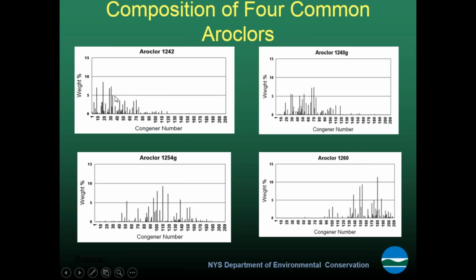So if you're trying to differentiate between Aroclor 1242 and 1248, a degraded Aroclor 1248 might look an awful lot like an Aroclor 1242. So differentiating between Aroclors can be more of an art than a science.